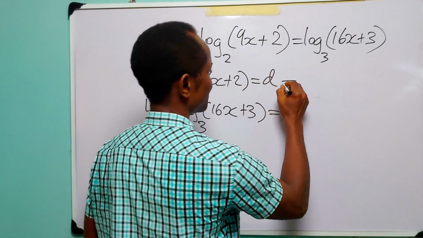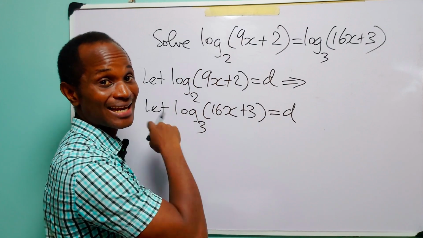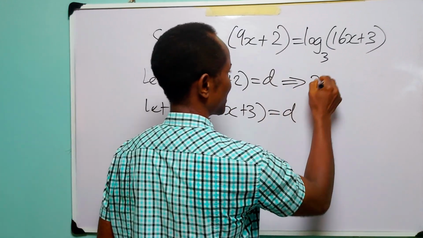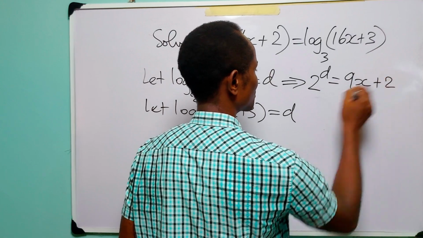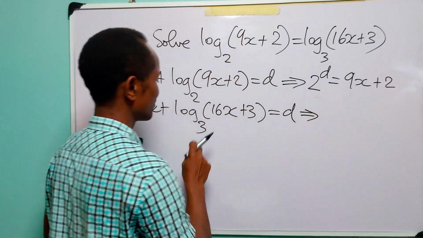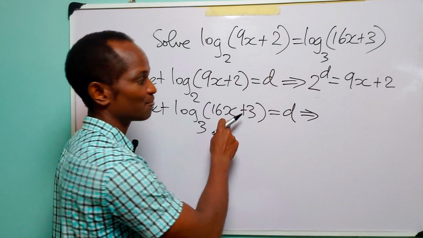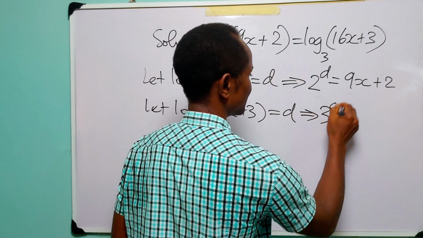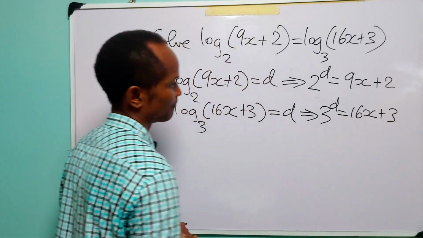Now, from this statement, we can see that 2 to the power d is equal to 9x plus 2. And also from here, we have that 3 to the power d is equal to 16x plus 3.